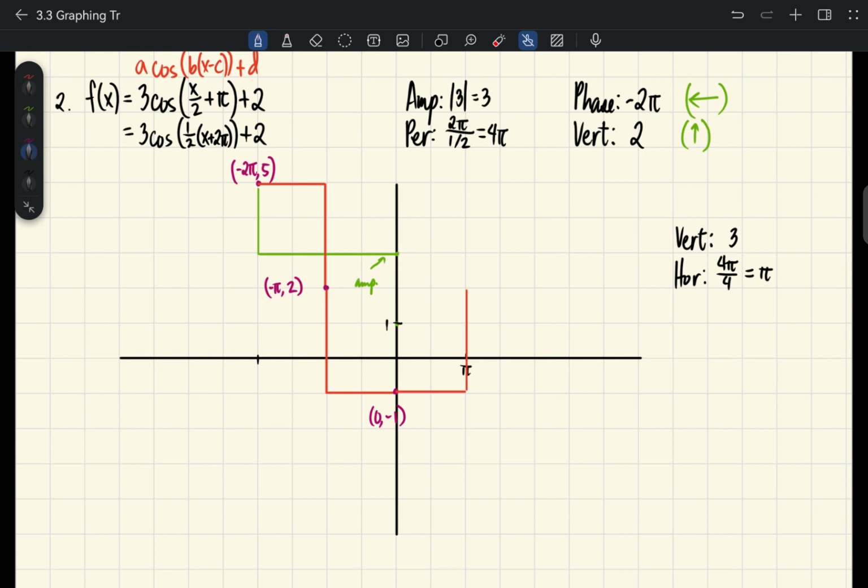We have right here 0 plus pi, so that's pi, comma, negative 1 plus 3, that's 2. Then lastly, we move 3 units up and pi units to the right. So we have pi plus pi, that's 2 pi, and 2 plus 3, that's 5.